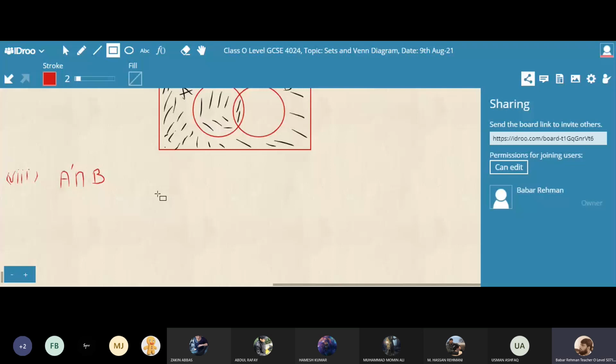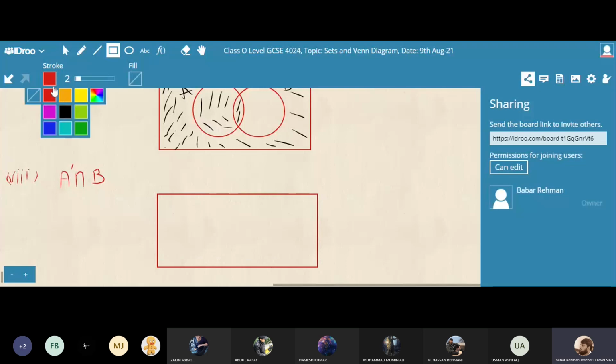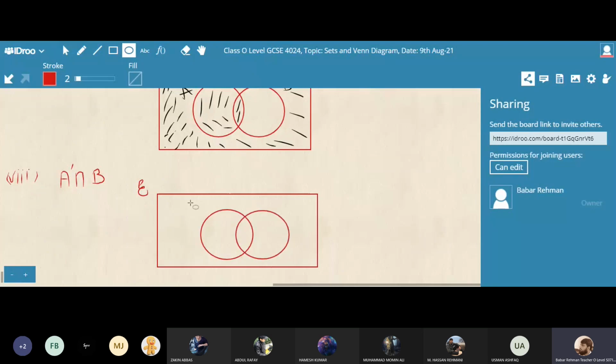Very good. Only B part will be shaded. Okay. A should be removed, so only B part will be shaded. Always remember, it means only B. Good.